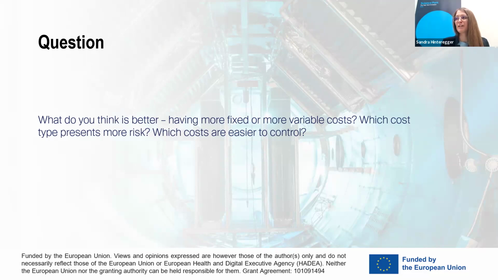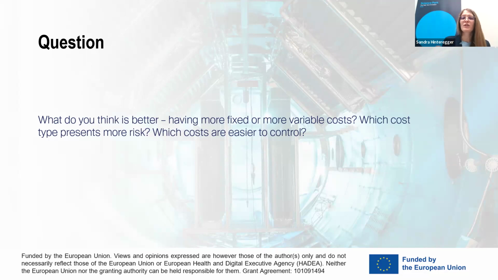Okay, I see here "fixed" in the chat, exactly. Fixed costs, of course, present more risk. Why? Because we have our insurance contracts, contracts for phone or internet, the salaries of our employees, and of course we have to pay them no matter if we are able to produce or sell something or not.